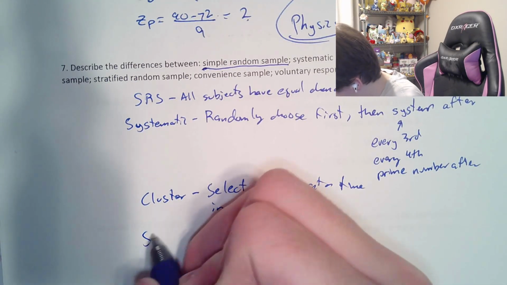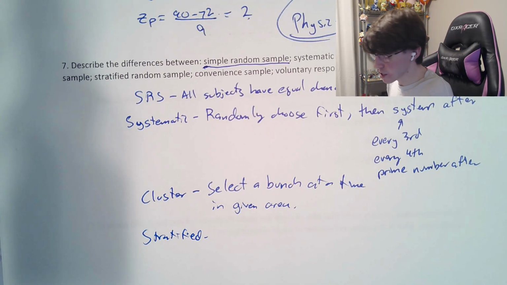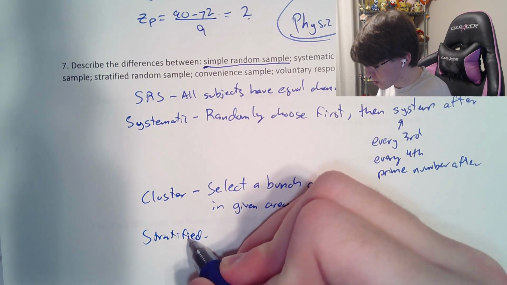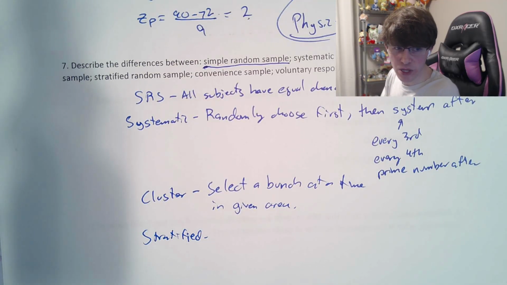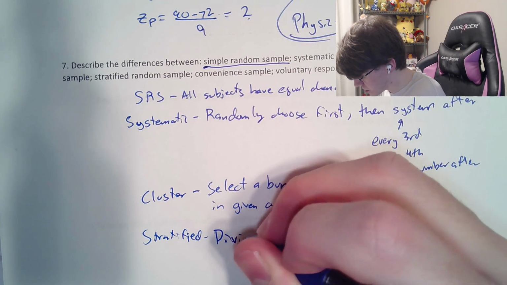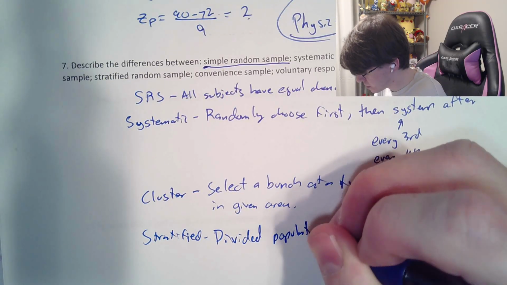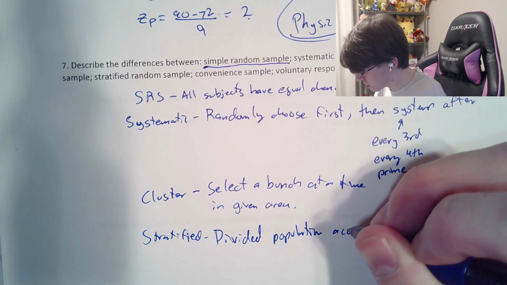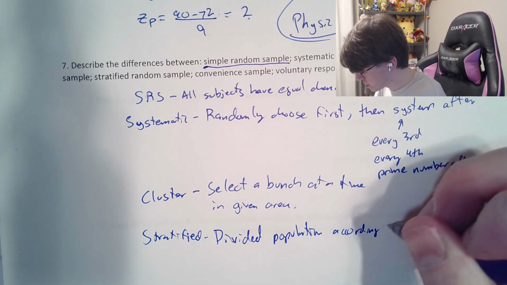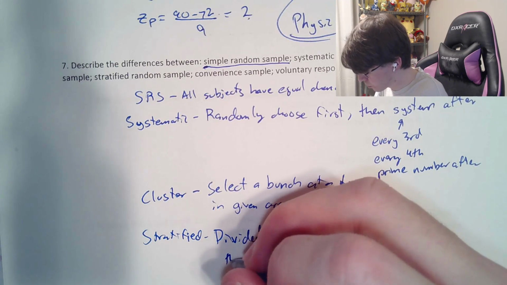So a stratified sample is going to be one where you have divided the population in advance according to criteria, then proportionally selecting.